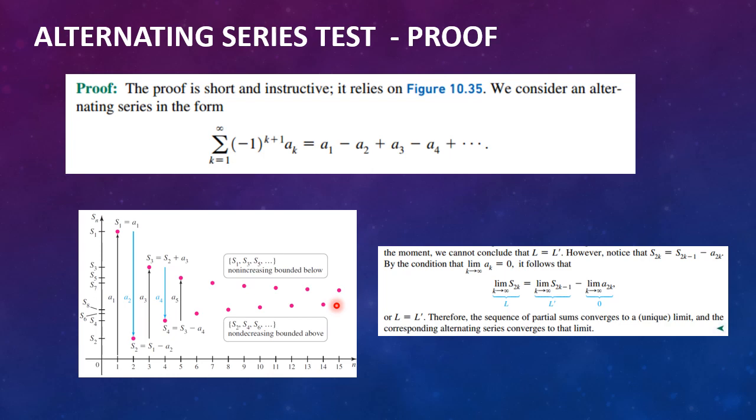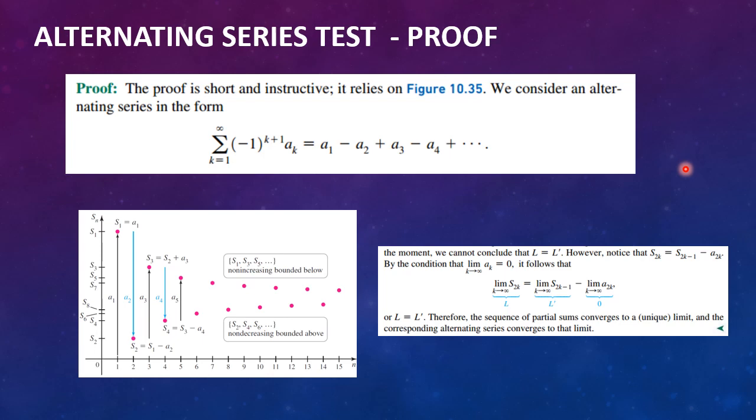However, notice that s sub 2k equals s sub 2k minus 1 minus a sub 2k. By the condition that the limit as k goes to infinity of a sub k is 0, it follows that the limit as k goes to infinity of s sub 2k equals the limit as k goes to infinity of s sub 2k minus 1 minus the limit as k goes to infinity of a sub 2k.